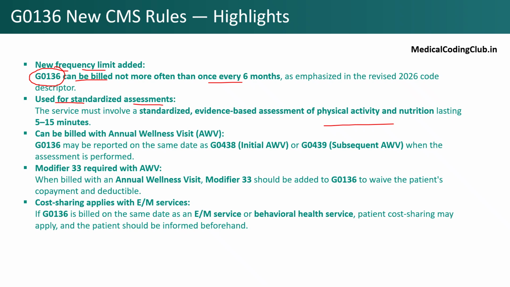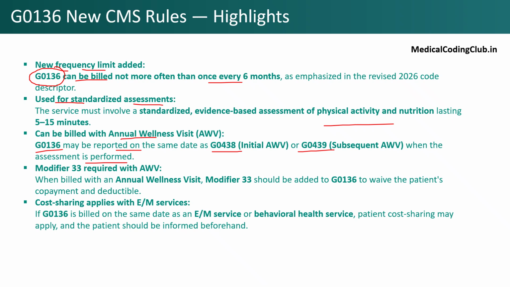Next, the area you have to focus on is the commonly billed annual wellness visit. We already know about G0438 and G0439 that we bill for Medicare payers, the annual wellness visits. G0136 may be reported on the same day as G0438 for the initial annual wellness visit, or G0439 for the subsequent annual wellness visit, when the assessment is performed.